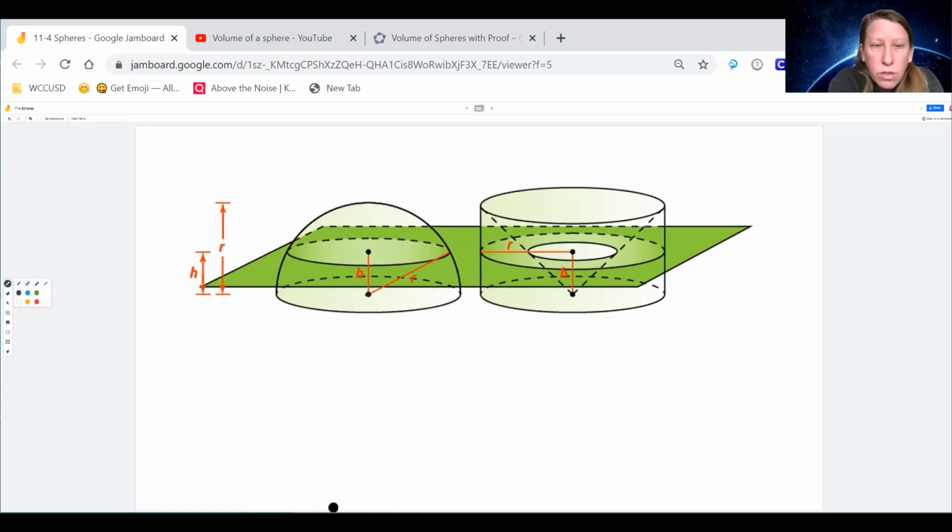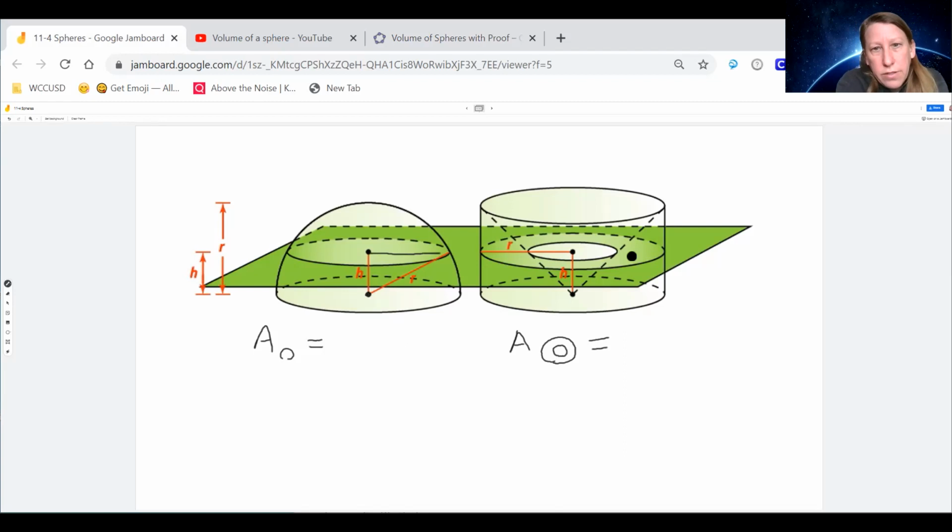We're trying to show that the area of this is equal to the area of this ring, essentially. So I'm trying to prove to you that the area of the circle in this one is equal to the area of the ring. Okay, so let me prove it to you.